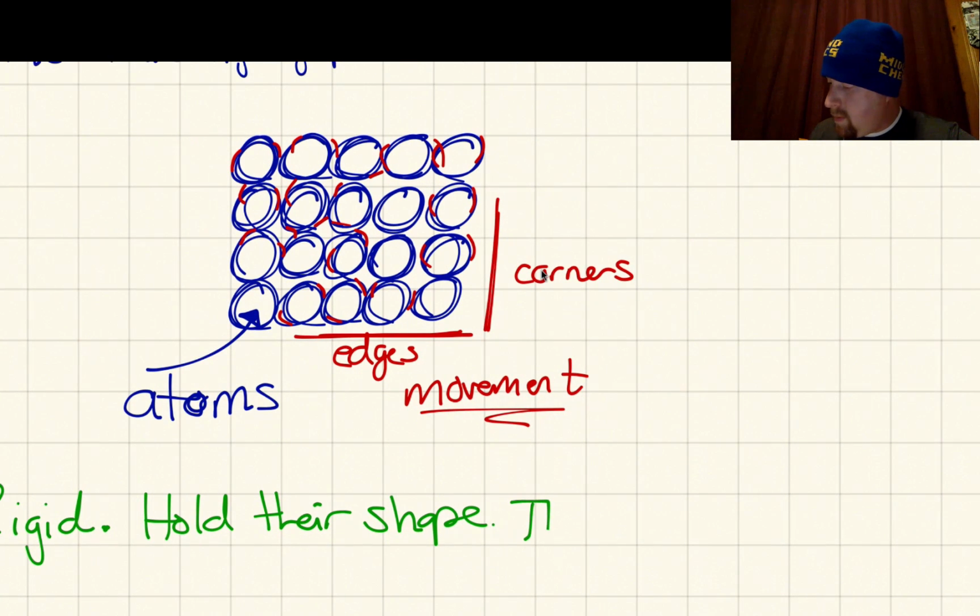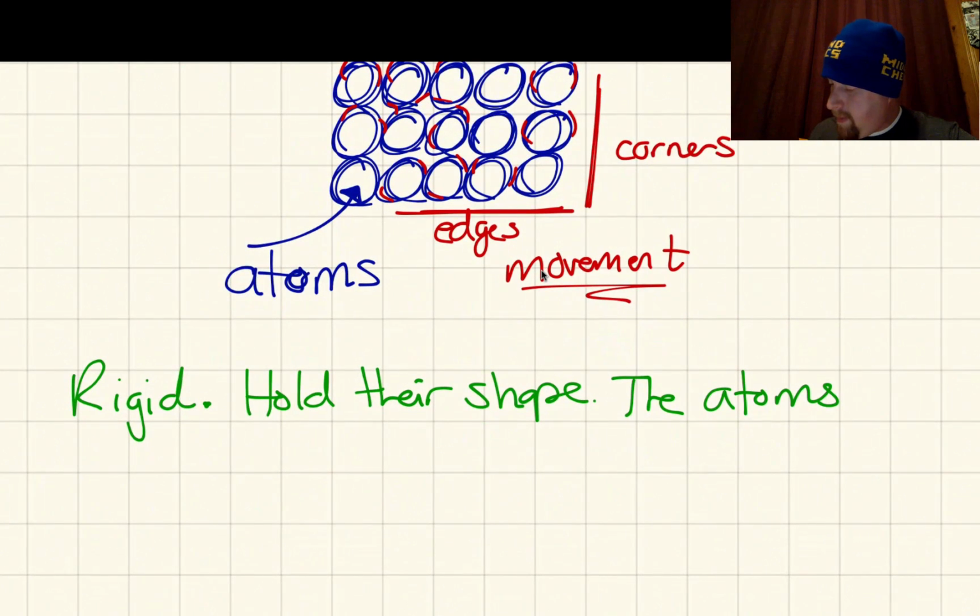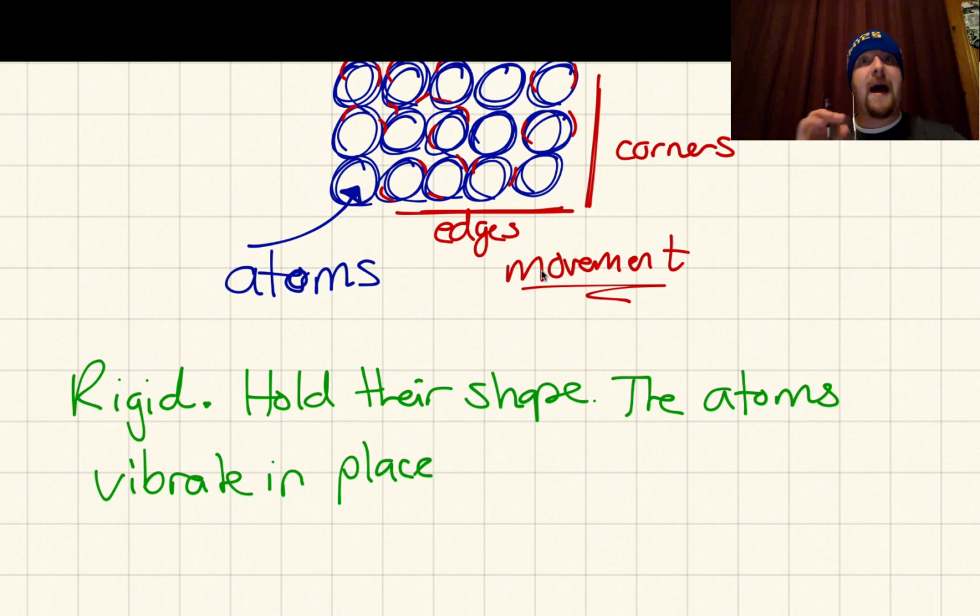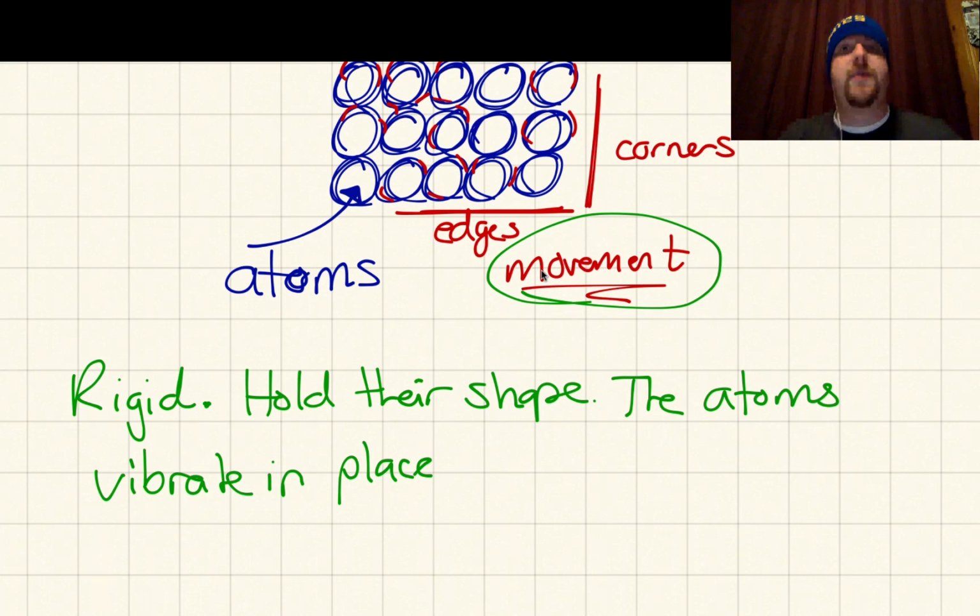And the atoms vibrate in place. They're constantly shifting back and forth. One of the things that we will see which makes a difference between solids, liquids, and gases is this idea of the amount of movement of the atoms, right? So with that, let's look at liquids.